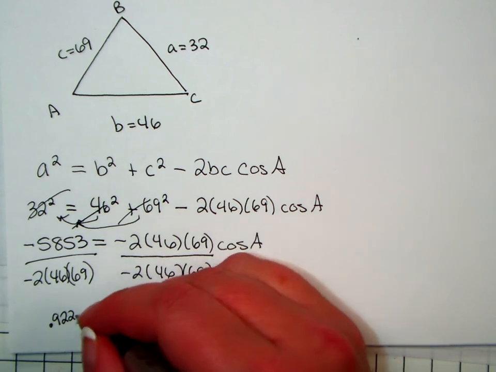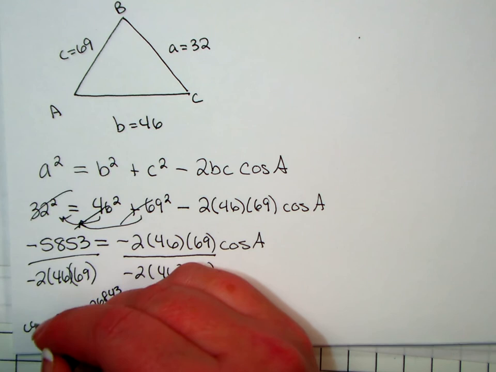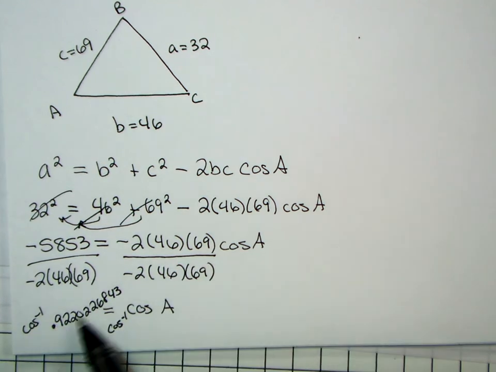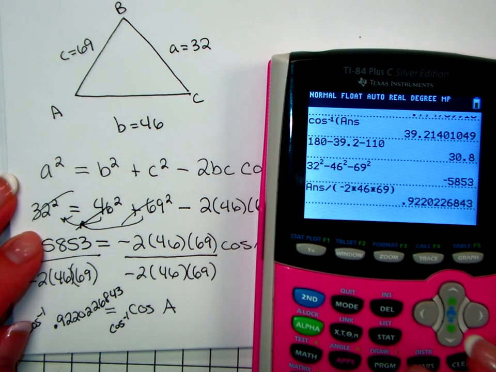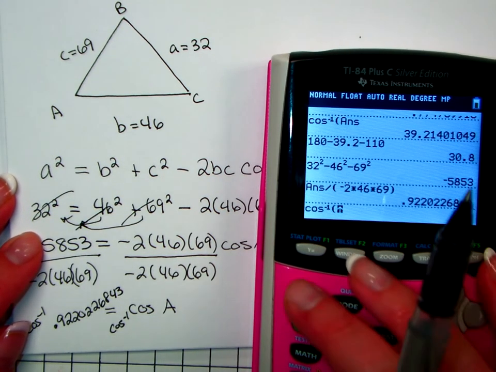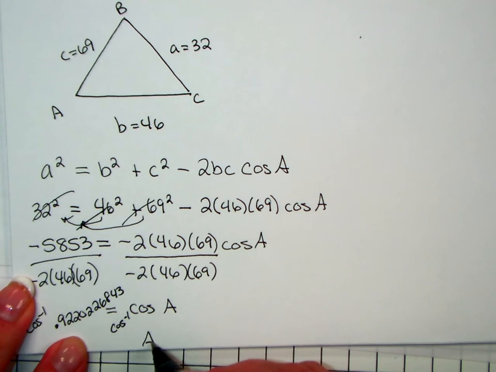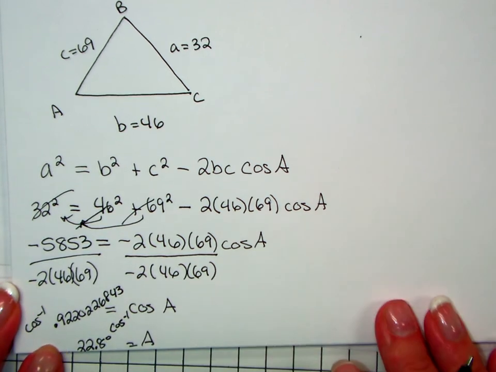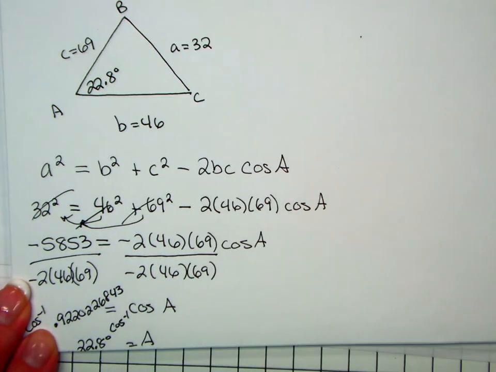So is law of cosines going to work? Can I cosine inverse both sides? Yes, right? Because this is between negative 1 and 1. So if I cosine inverse that answer, I'm going to get 22.8 degrees.